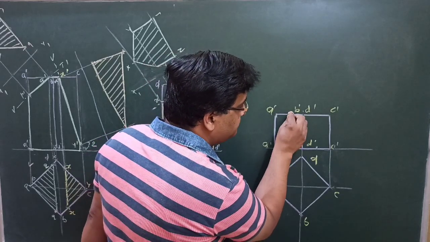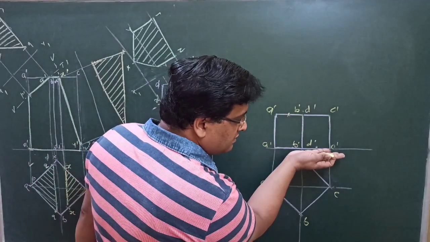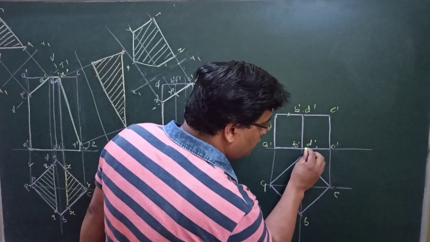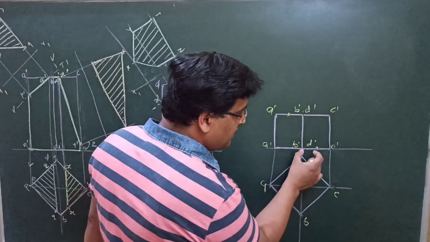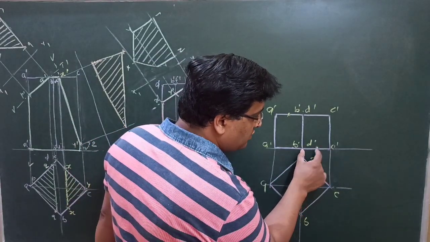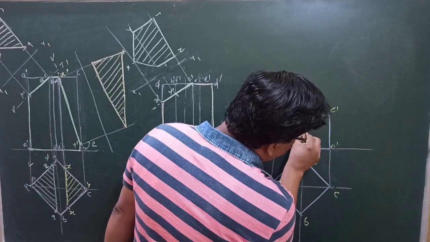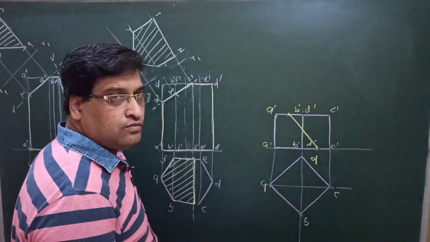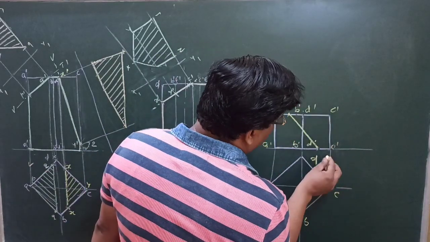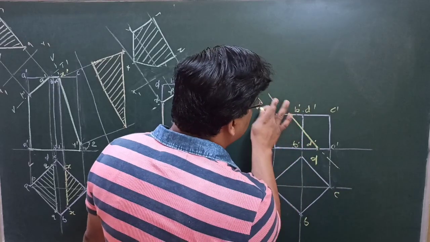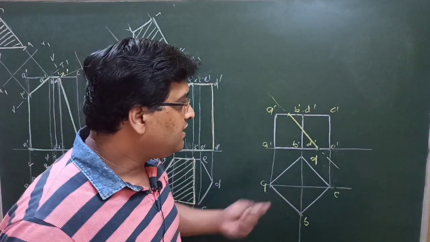Similarly, on the opposite, lower side, take the midpoint of this line also, from B to C. Join these 2 points. This will provide you the position of the cutting plane. Remember, this is only for the condition when the true shape of a cube is a regular hexagon, right?